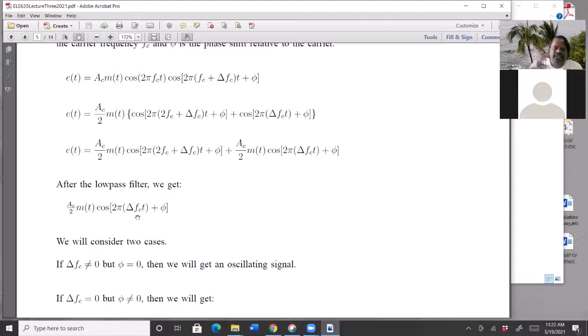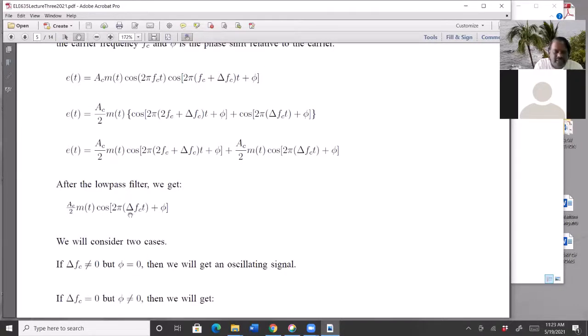It's like an older person shaking voice, like tomorrow it will rain or something like that. That is if this is a low frequency. But if it is like 10 kilohertz, 10 kilohertz itself is an audio signal. So you may hear a whistle on top of the news reader. Okay, but let's not worry about it. All you have to know is if phi is 0, you get an oscillating signal.